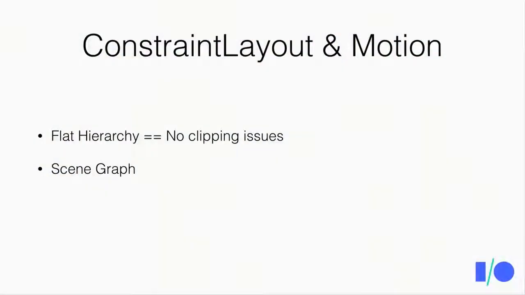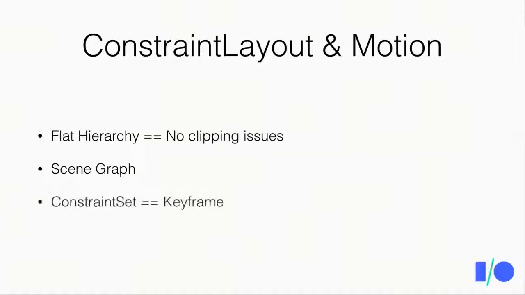So constraint set is also pretty useful when we want to do motion in general. So one advantage of constraint layout and this focus on trying to keep a flat hierarchy is that there's no clipping issues. You can think about it as a scene graph. You just have all the different objects, the visual objects you want to show on screen, your buttons, your images, and so on.